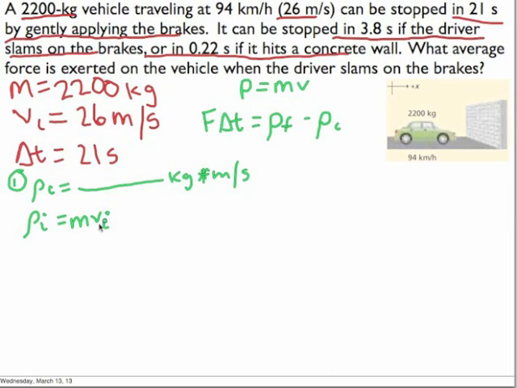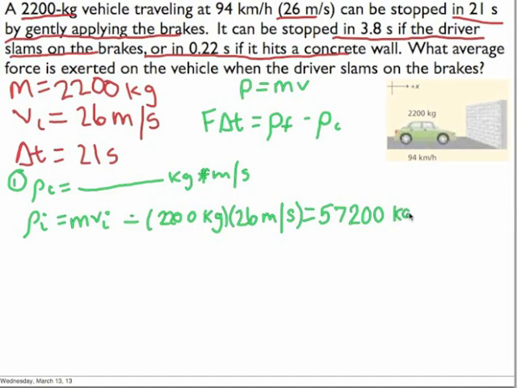Okay, and that's just going to be 2200 times our initial speed, which was 26. Okay, and then we'll just multiply those guys together, and we'll get a really big number, and that's okay, with our weird units, kilograms times meters per second.